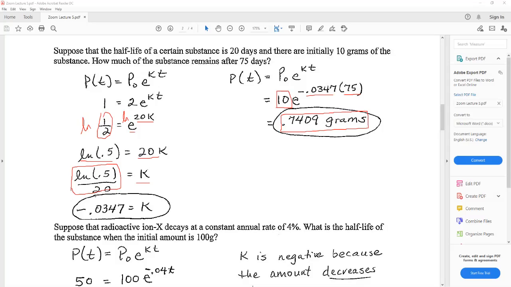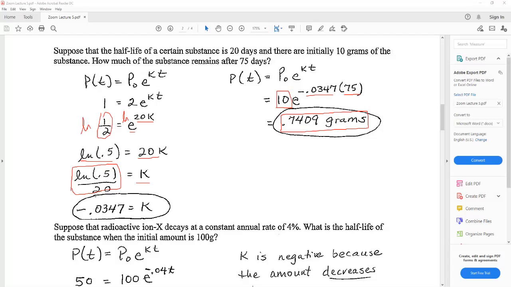Now, some of you may have heard of a process known as carbon dating. And carbon dating is where, let's say they happen to be doing an excavation project in the Middle East, and let's say they find a mummy or they find a dinosaur bone. They do carbon dating to estimate how long that person or that dinosaur has been dead, because the longer you are dead, the more carbon is present in your body, or maybe you lose carbon.